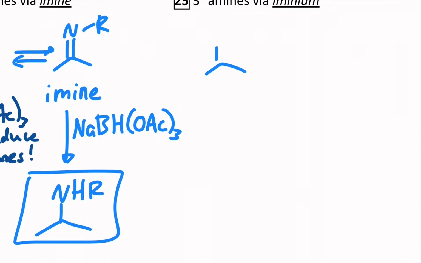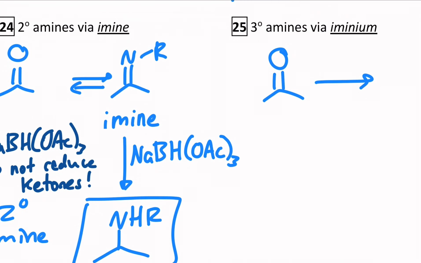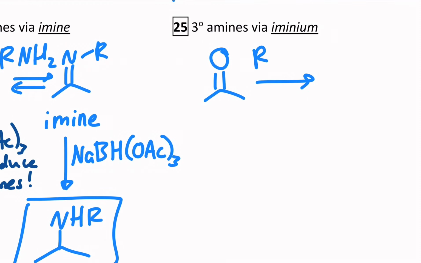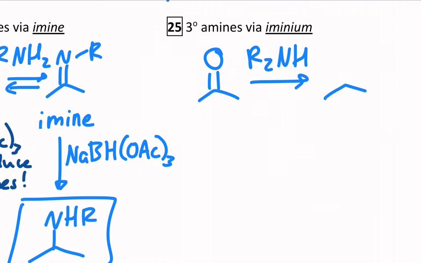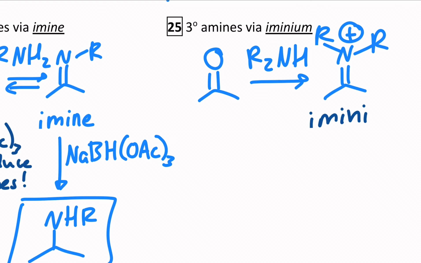You can start with a ketone, and you could react it. Well, I didn't even show the reagents for this back here. That would be a primary amine. Here we could use a secondary amine, R2NH. And what you get with a secondary amine is actually the aminium we saw in the mechanism at the top.